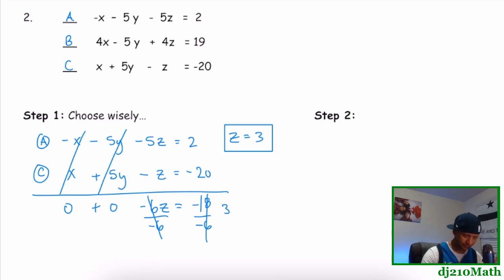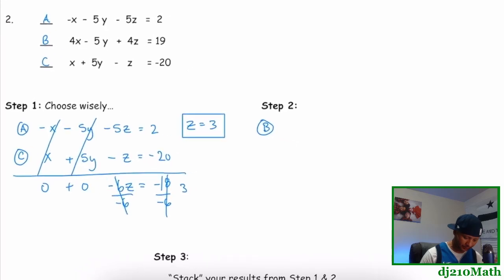Let's see. All right, if we choose the one that we didn't choose, B, so we're kind of forced into B. So 4x minus 5y plus 4z is equal to 19.